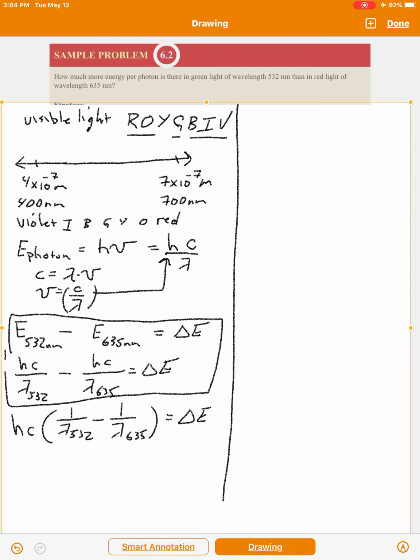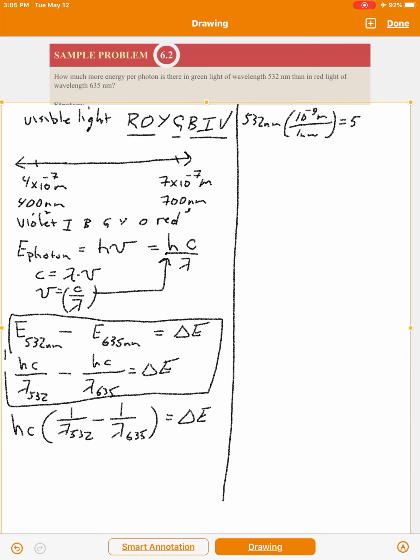Now, one thing that comes up is that because wavelengths are often reported in nanometers and not in meters, the MKS or CGS systems of units come into play. So let me do the conversions here. 532 nanometers times 10 to the minus 9 meters per 1 nanometer.